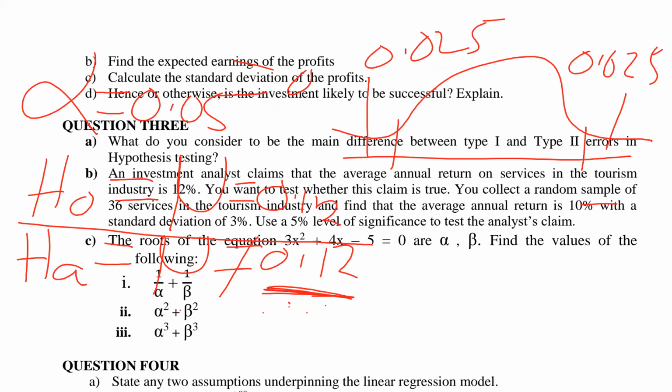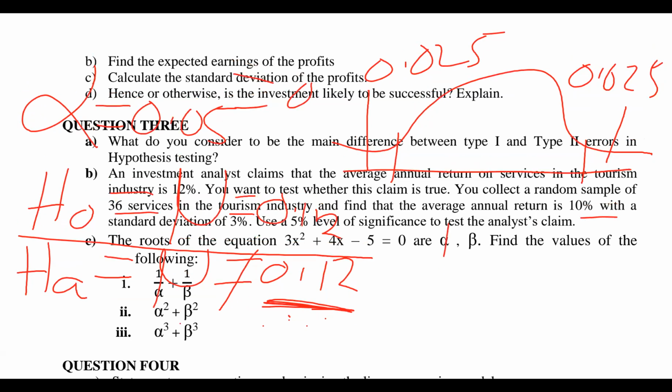It's more than 12%, which means that your null hypothesis will be that mu is what?